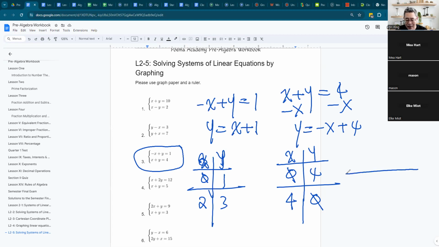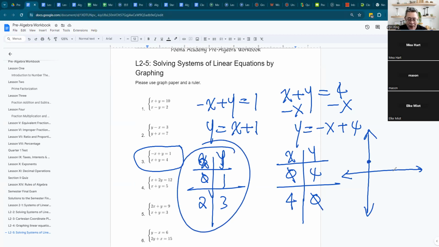So now we got for the first one 0, 1 and 2, 3. 1, 2, 2, 3 will be here. So that's one line. The other one is 0, 4.